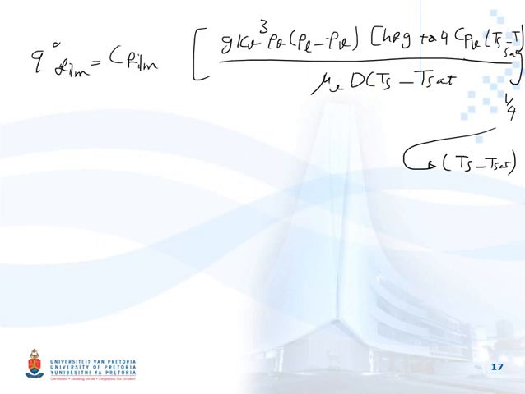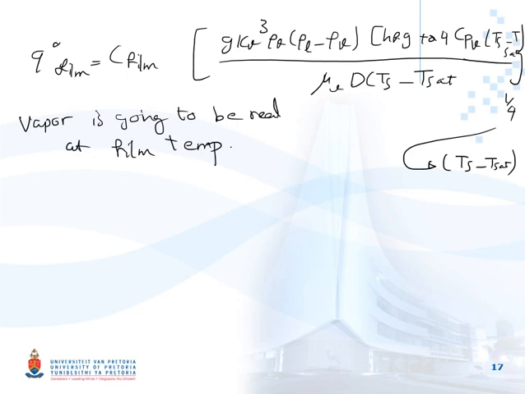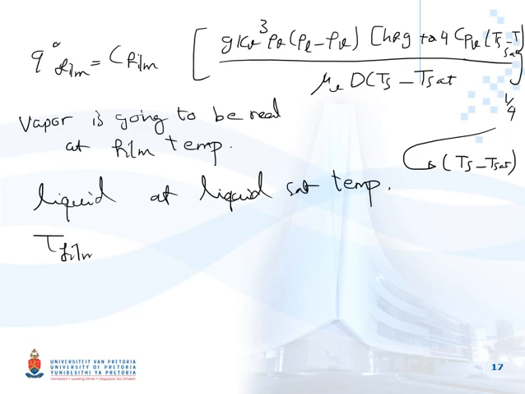If you remember, I told you the vapor properties are read at film temperature, and properties of liquid at liquid or saturation temperature. So T film is equal to 500 plus 100 divided by 2, 300 degrees.